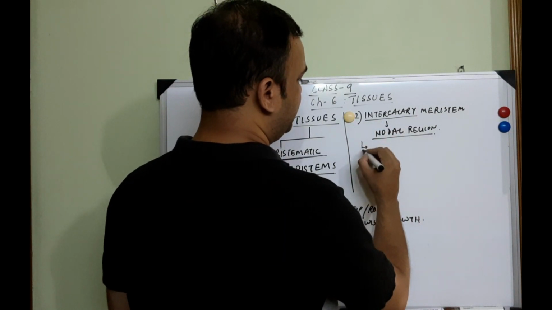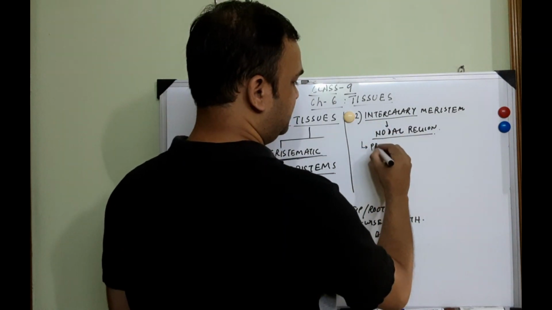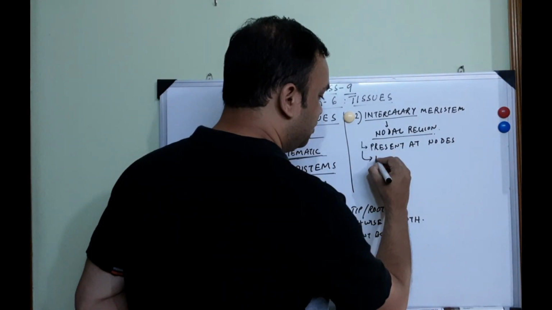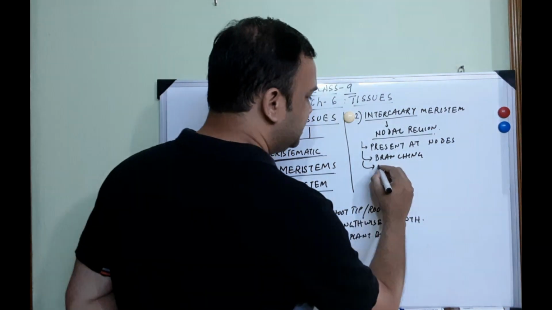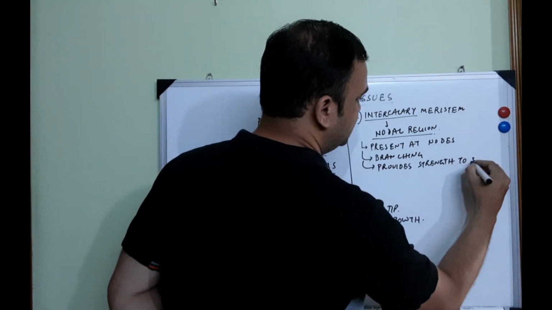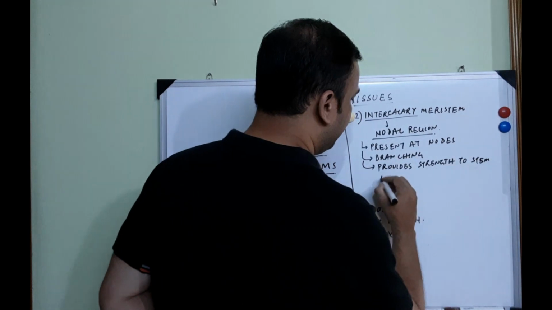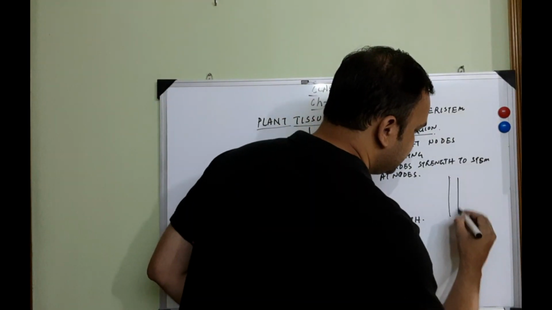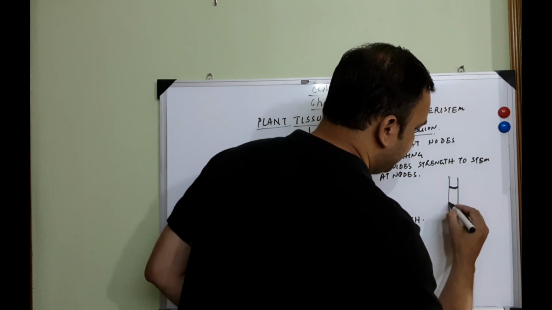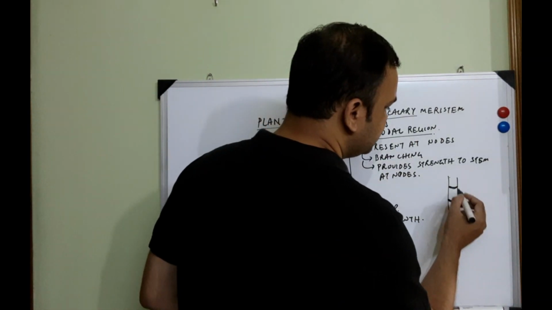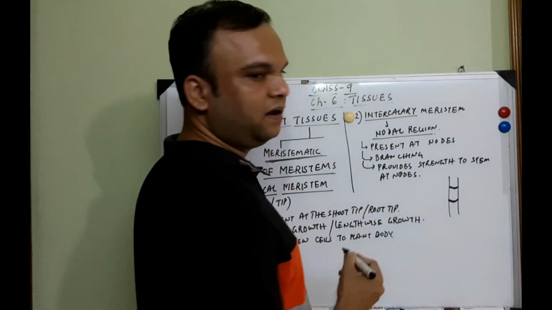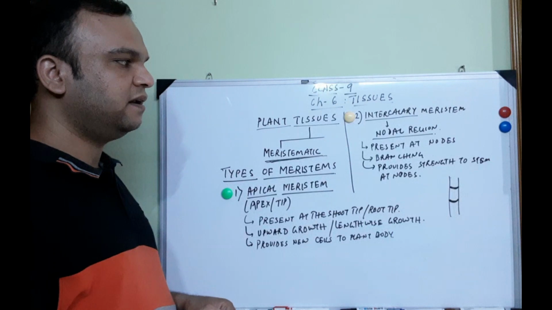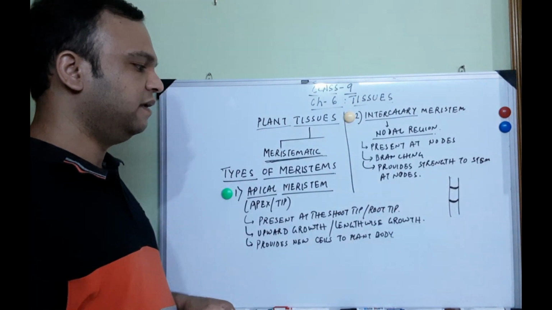Its characteristics: it is present at nodes, and it promotes branch growth. Also, it provides strength to the stem. Where? At the nodes. If you see the stem, at the nodes it is very thick. This thickness is because of the intercalary meristem. That is how meristematic growth happens in the nodal region.